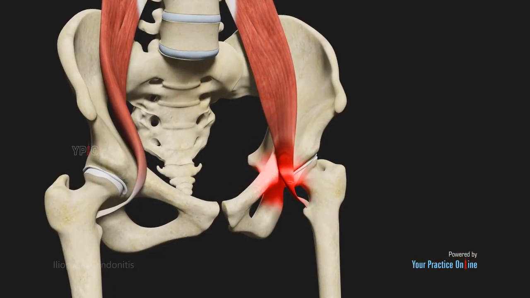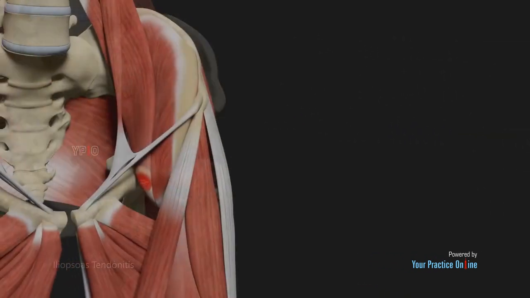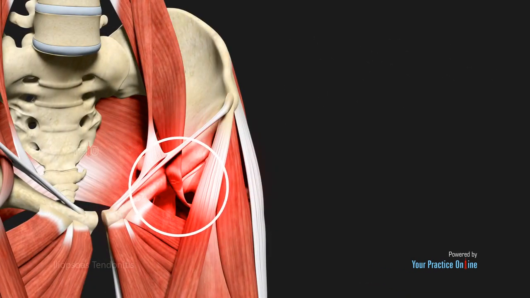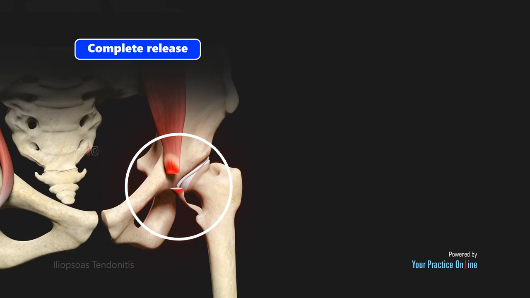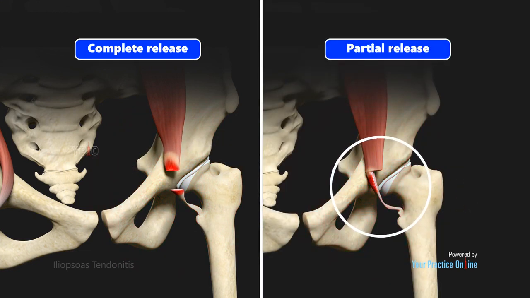Surgery is only recommended to those who have intense symptoms and more severe psoas tendonitis that fails to respond to conservative, non-invasive therapy. Surgery for the treatment of iliopsoas tendonitis may involve either a complete release or a partial release of the iliopsoas tendon, meaning that the tendon is either cut completely or partially in order to relieve the pain.